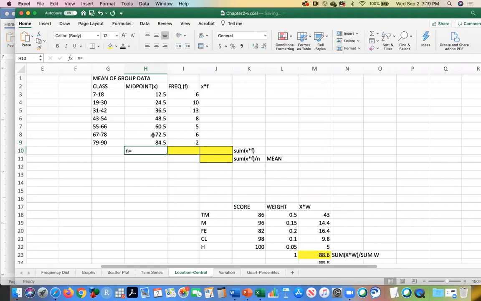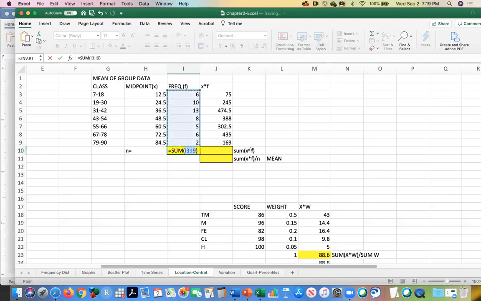So I have the midpoints here, so I can easily multiply, as it says, the midpoint times the frequency, right? Once I do this, I'm going to drag this down. Then I am going to find the sample size. I just go to the sigma. So I have 50 observations in my database.